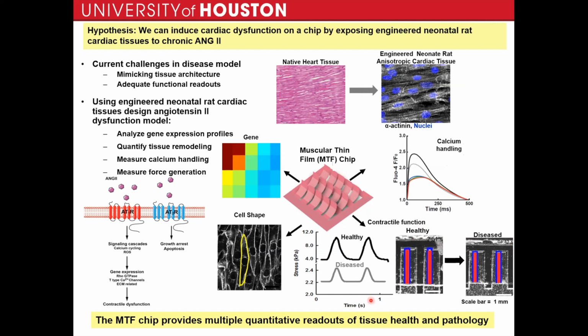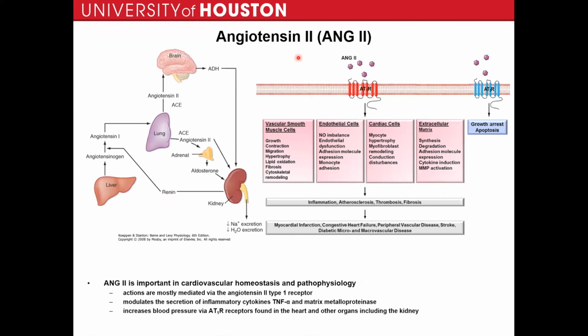And so for this study, we decided to use Angiotensin II, and we chose Angiotensin II for a number of reasons. So one being that Angiotensin II acts upon just about any cell type within the cardiovascular system. There is an effect of angiotensin II on those cells.